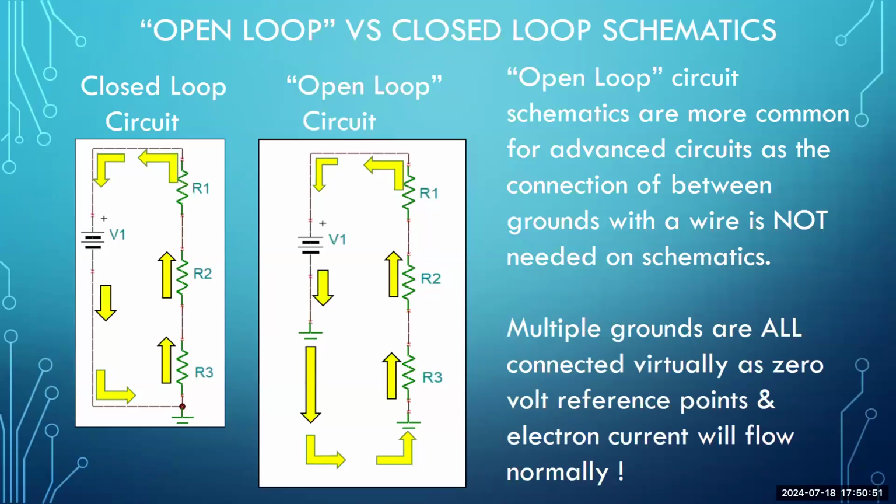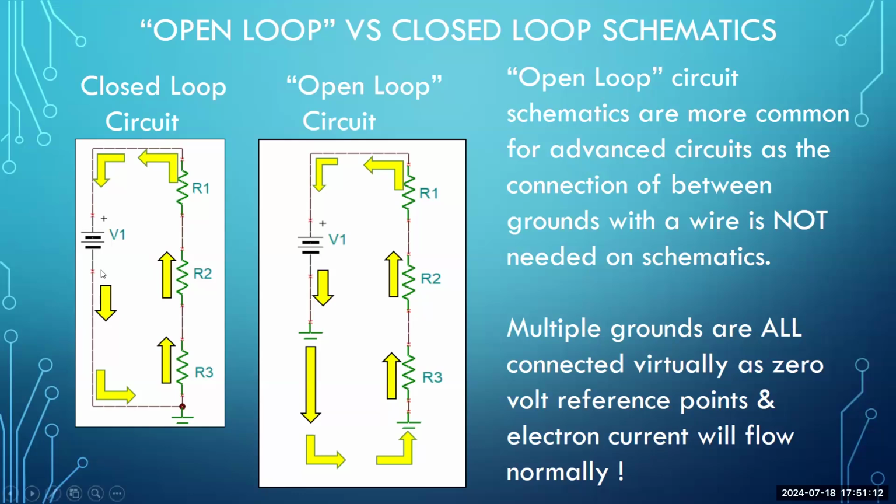All right. First thing I want to show you is the difference between open loop versus closed loop schematics. In prior training videos, 1 through 8, you've been shown closed loop circuits, and closed loop circuits are shown on the left side of the slide.